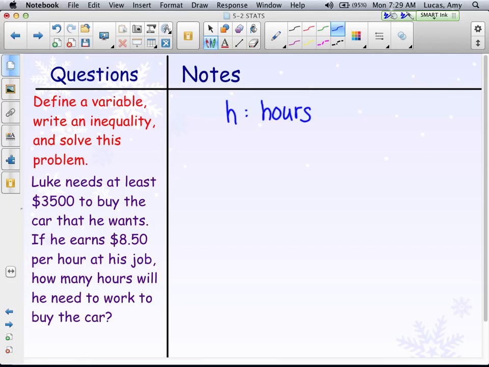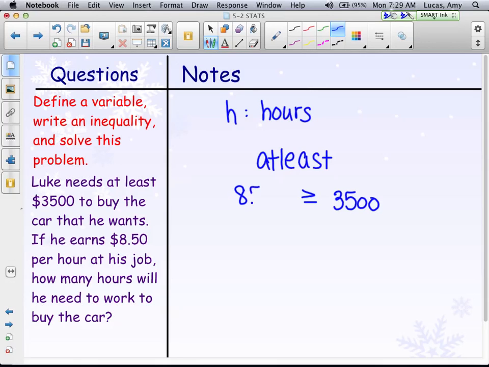He needs at least. So let's talk about this word. If he needs at least $3,500, he's got to have $3,500 or more, or else he can't buy the car. So it certainly can't be less than $3,500. It's got to be greater than or equal to.